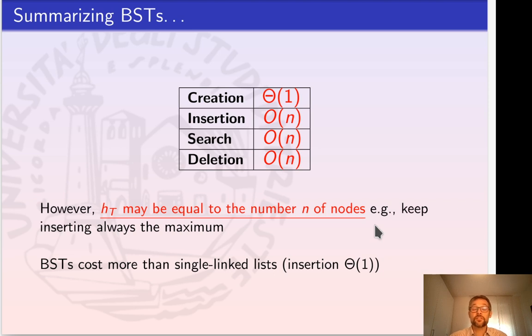This complexity is much more than what you get by using a single list. Why?